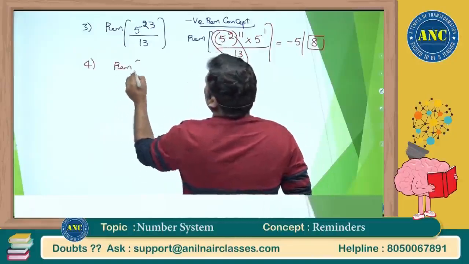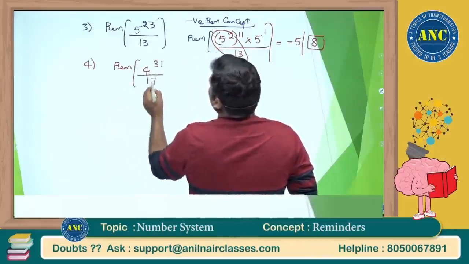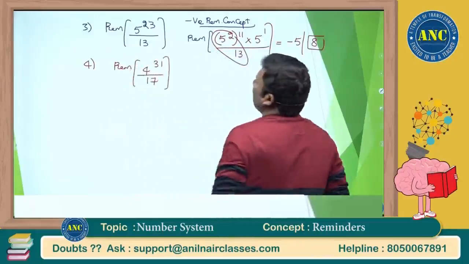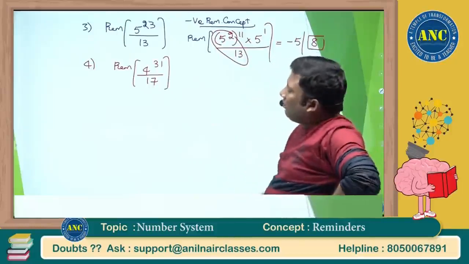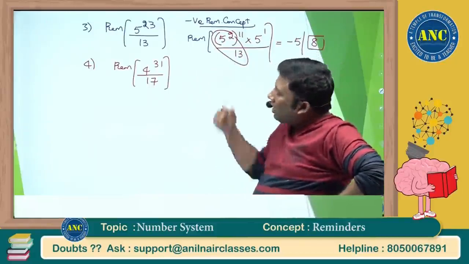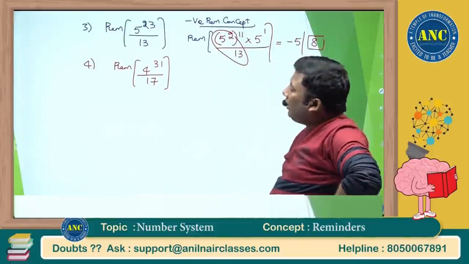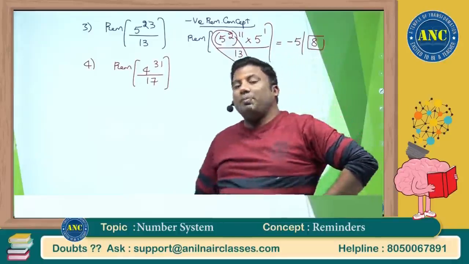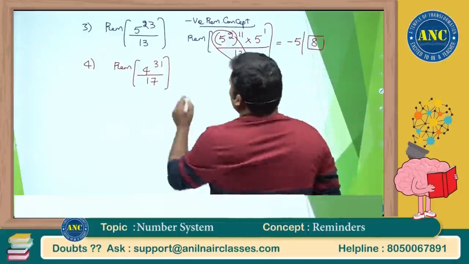Now, for example, 4 power 31 by 17. Use the same concept as the third problem. Which power of 4 when divided by 17 gives plus 1 or minus 1? 4 square is 16.